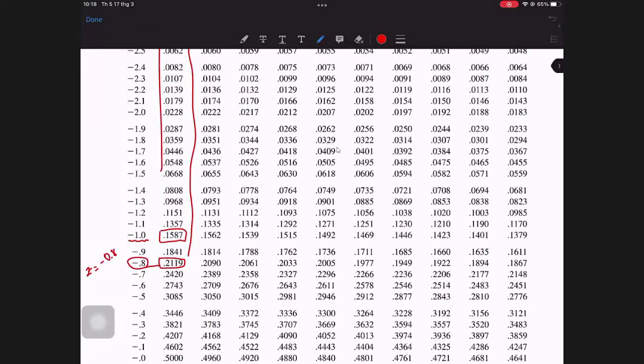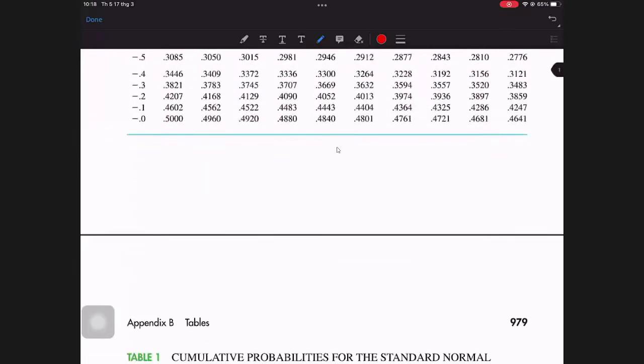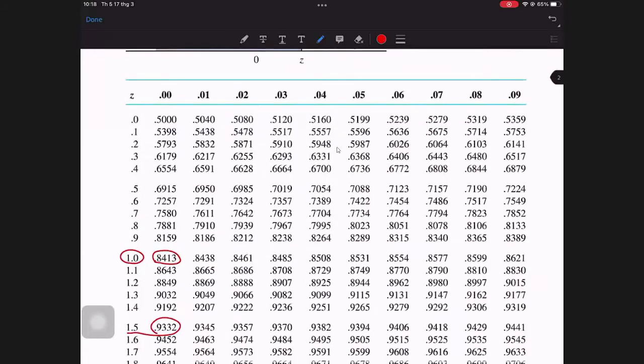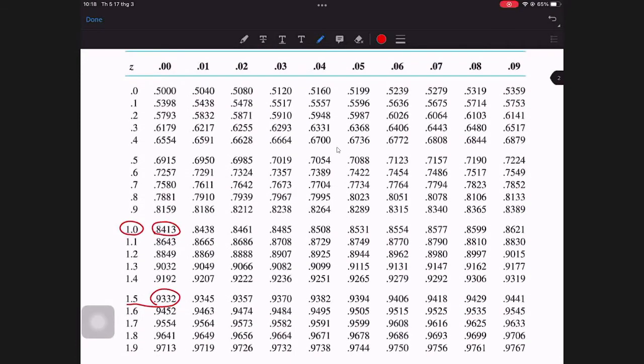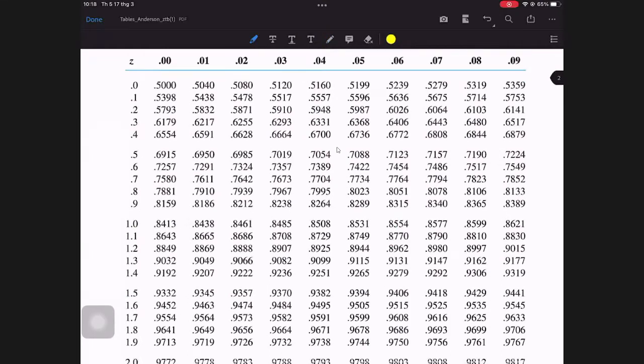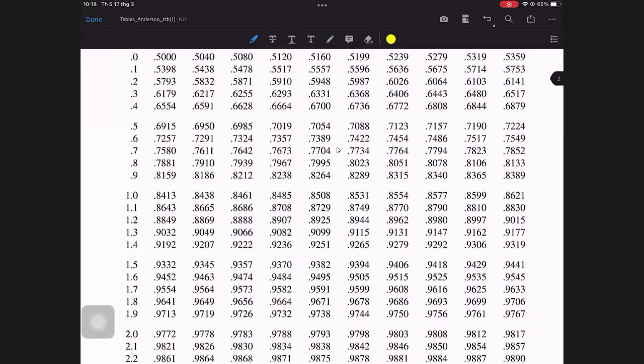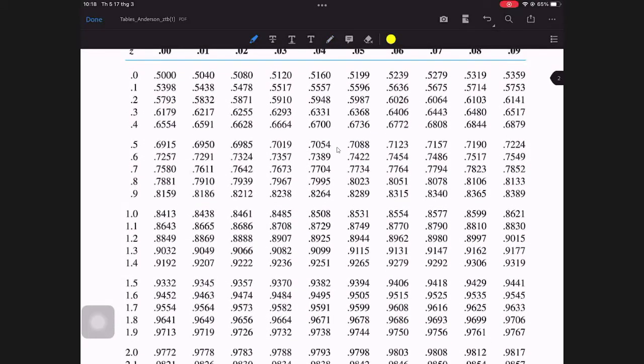Similarly, for question B, we have 0.9515. So we need to find this value within the table here.